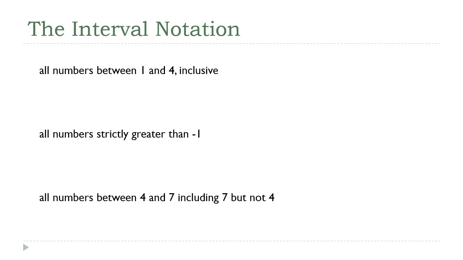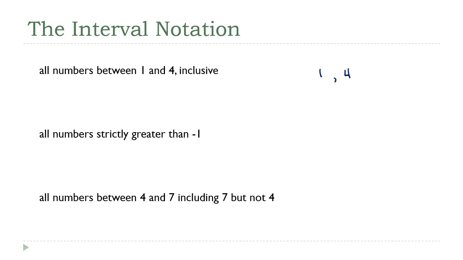So let's take a look at the first one here. All numbers between 1 and 4 inclusive. Inclusive means we want to include 1 and 4 in our final result. So I'm going to start by looking at the endpoints. The endpoints of my interval are 1 and 4. So I'm going to put them down first, and separate them with a comma.